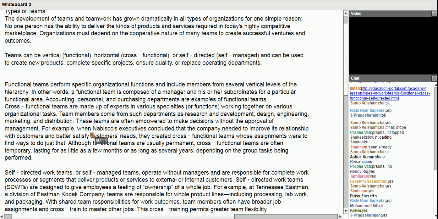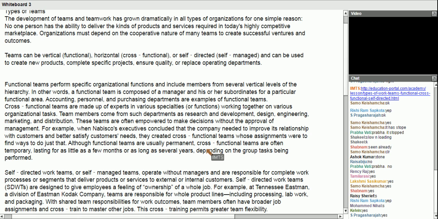For example, when executives concluded that the company needed to improve its relationship with customers and better satisfy customer needs, they created cross-functional teams whose assignment was to find ways to do just that. Although functional teams are usually permanent, cross-functional teams are often temporary, lasting for as little as a few months or as long as a few years.